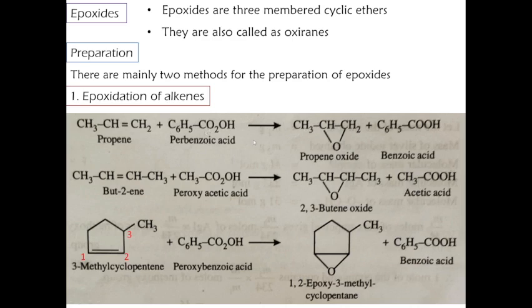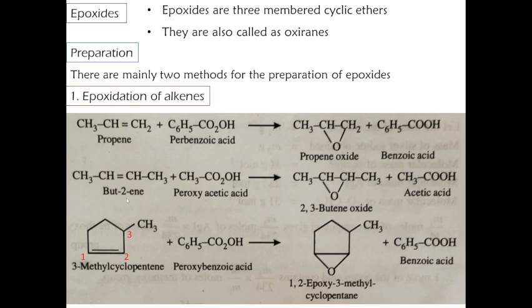One oxygen from the peracid will form an epoxide with the carbon-carbon double bond of the alkene. So here we can see CH3, CH, CH2, and then it forms an oxygen bridge, and we are getting benzoic acid as the byproduct.